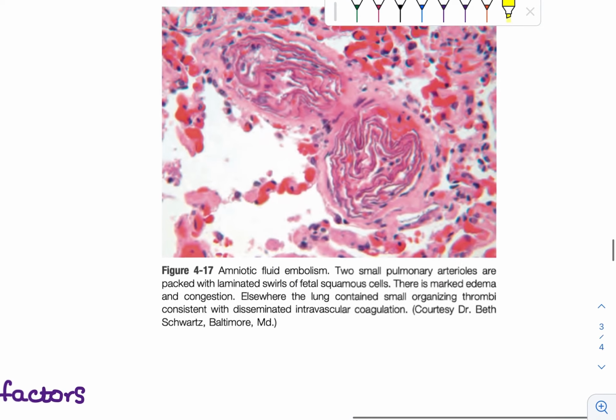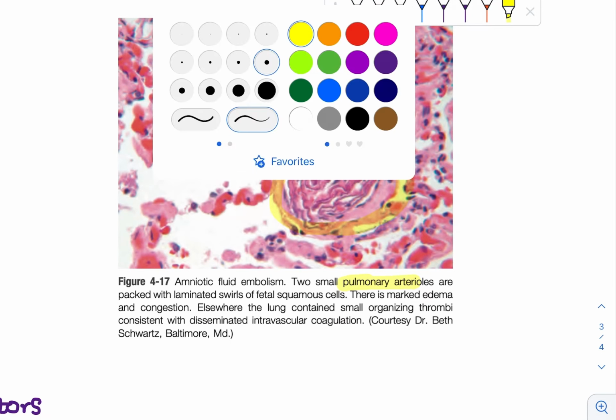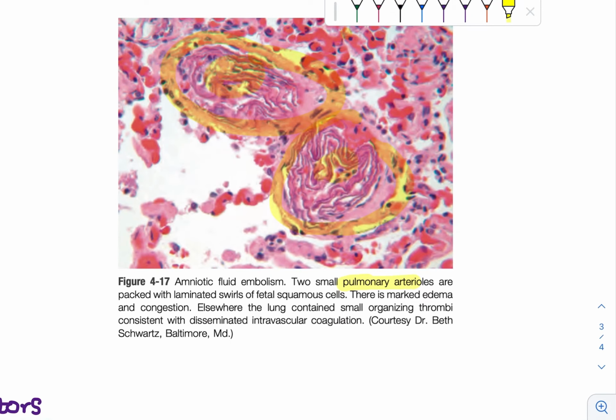As you can see in this diagram, there are pulmonary arterioles which have been occluded with squamous cells from the amniotic fluid.